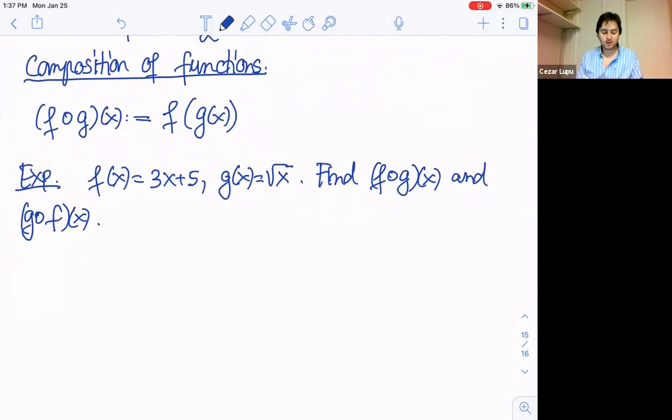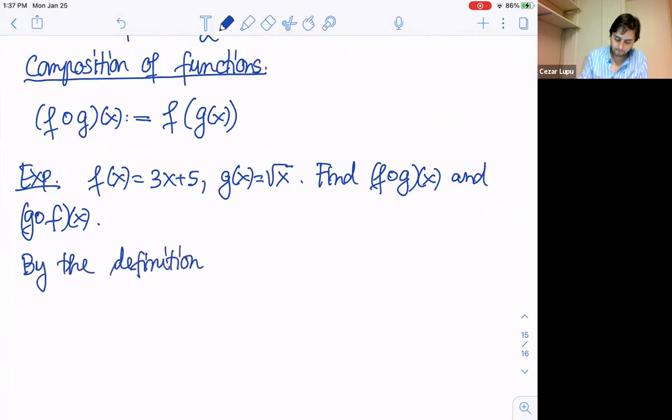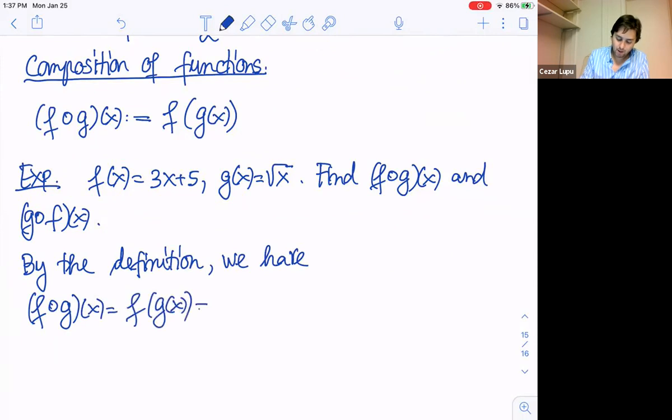All right, so let's see by the definition. We have that f composed with g of x is f of g of x. I'm going to replace in terms of x, I will put g of x.